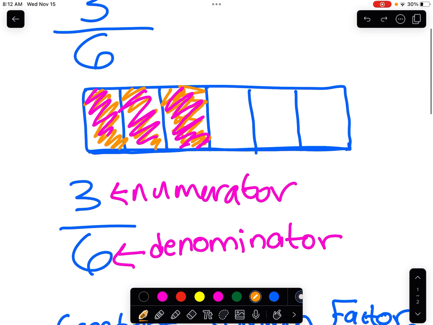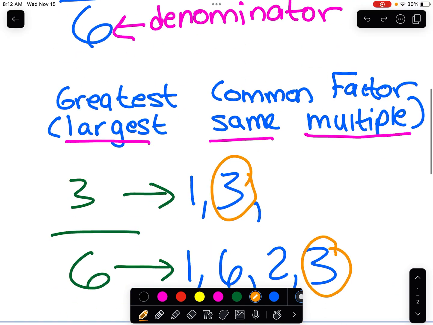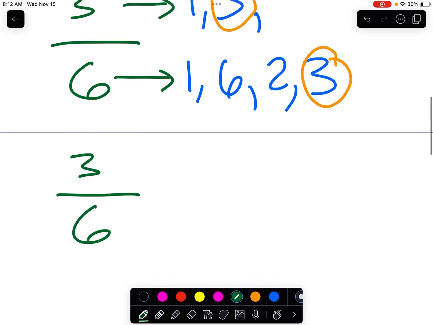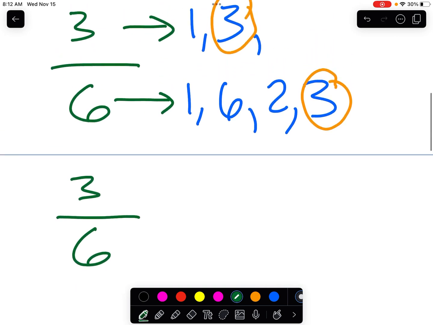We're going to divide the numerator and the denominator of 3/6 by the greatest common factor.